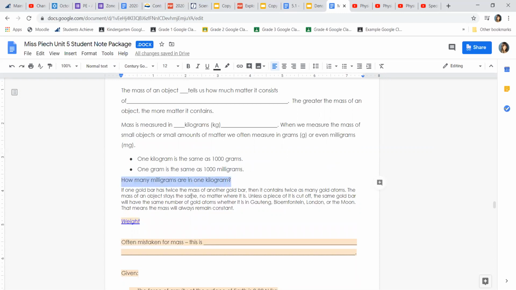I want you to see if you can figure that out. I'll give you a moment. I'm going to come back to that question. I know there'll be some of you who are motivated to find that answer. If you know that there are 1,000 milligrams in 1 gram, and 1,000 grams in a kilogram, how many milligrams are in 1 kilogram?